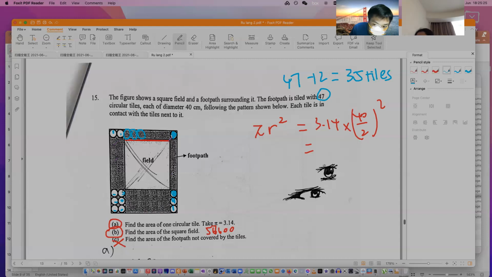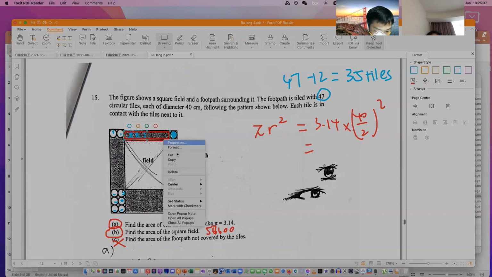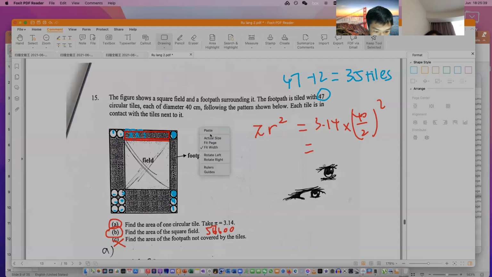For these 35 tiles, I hope you can see that if you see these as one set of tiles, you will continue to see how many sets? 1, and then you have another set here, 2.